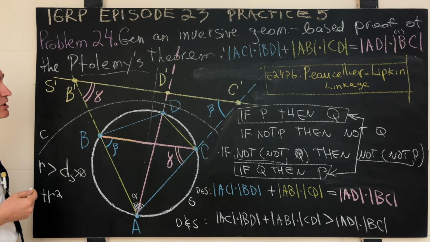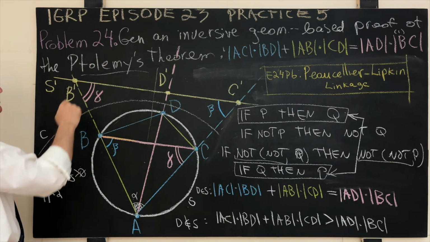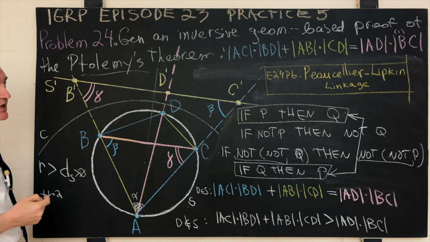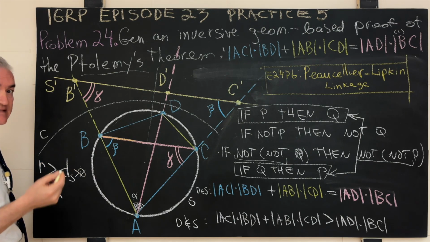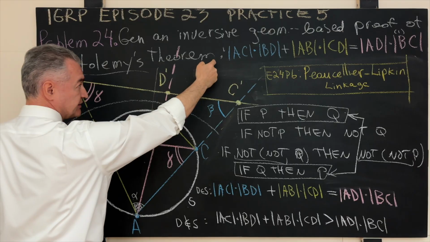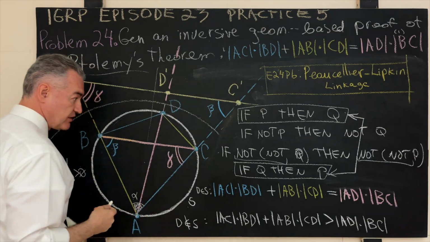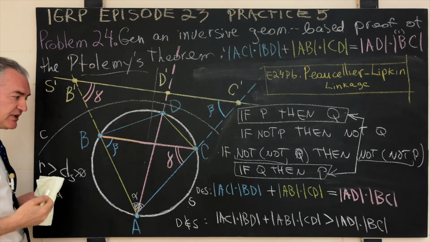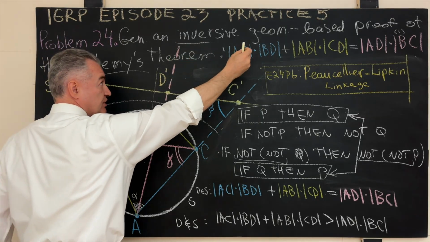Now, this is it for problem 24, and this is how, in a way, we generated a new proof of the existing theorem. And when we were trying to fit the new material into the proof of the existing theorem, this is precisely how it improved our understanding of how inversive geometry works.